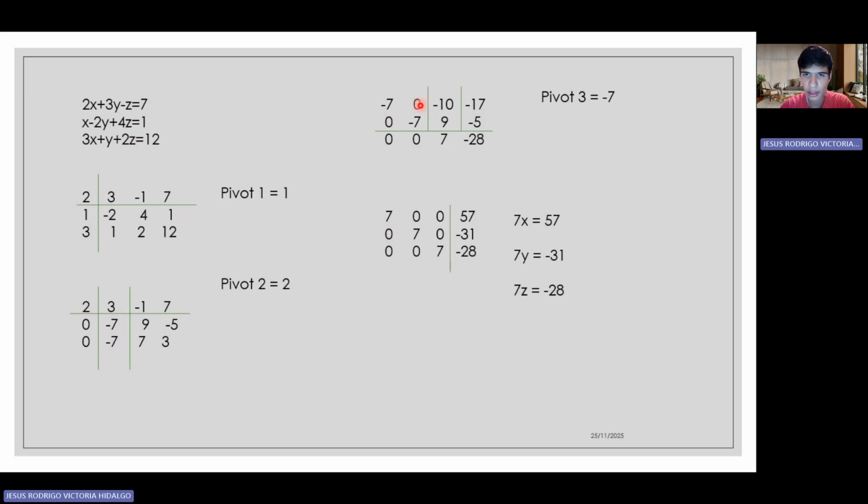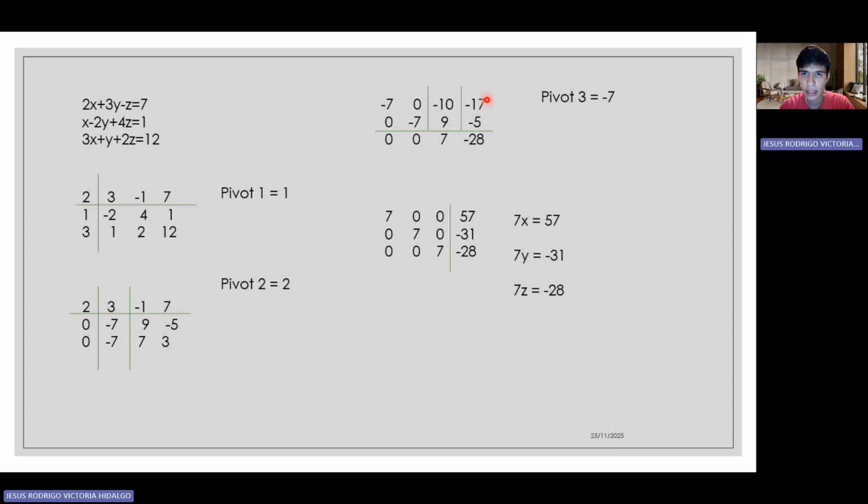Then this position: 7 times 0 is 0, minus 10 times 0, 0 minus 0 is this 0 right here. And we get now this position right here: 7 times minus 7 is minus 49, minus 9 times 0 is minus 0, divided by minus 7, it's this 7 right here.